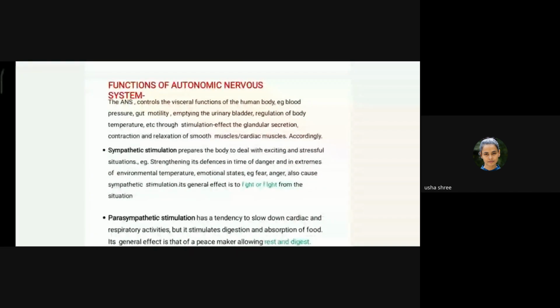Autonomic means it is involuntary. So which portions of our body are involuntary? That is our blood pressure, gut motility, peristalsis, right? And emptying the urinary bladder, regulation of body temperature, etc.